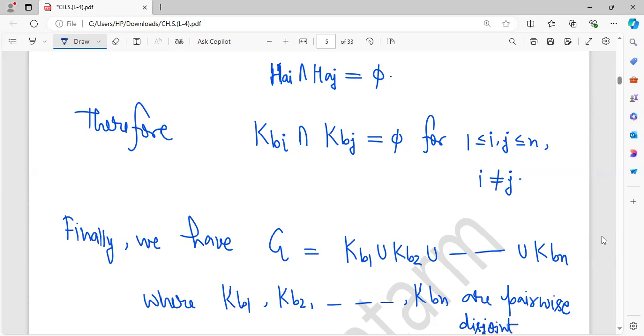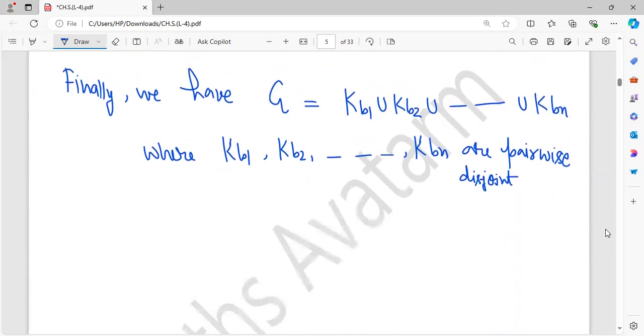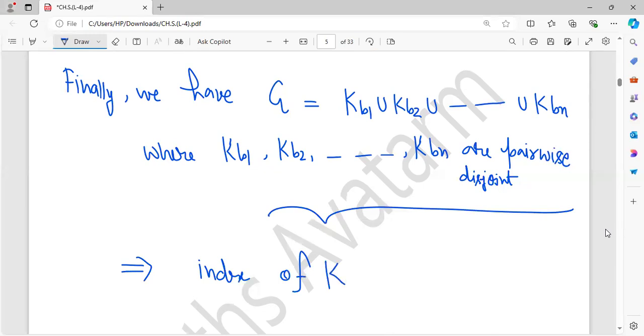So what is the meaning of this statement? The union of right cosets of K in G is G, and these cosets are disjoint. So what does it mean? It means that the index of K in G is N.